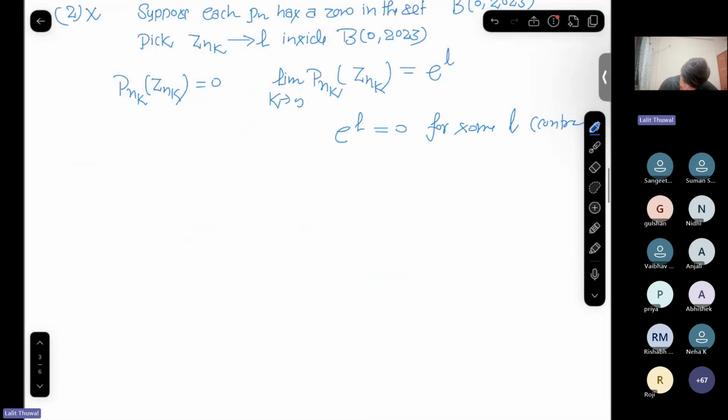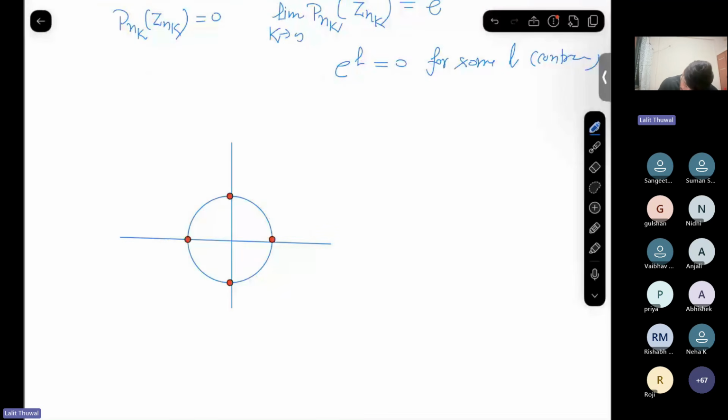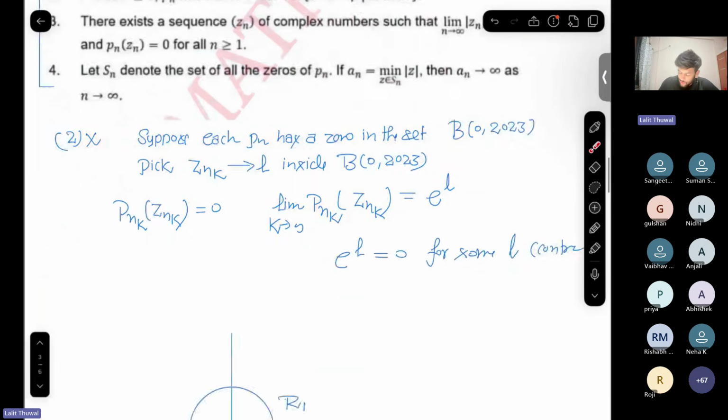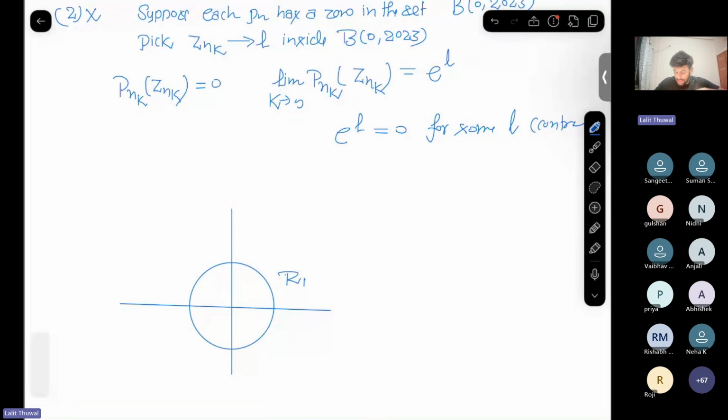Pick a disk with radius R1 such that it contains some zero of Pn, because each Pn is a polynomial, so it has n zeros with multiplicity in C. So choose R1, that is the disk D1, with radius R1, so that it contains some zero of P1, z1.